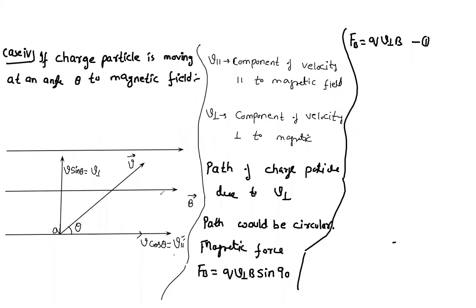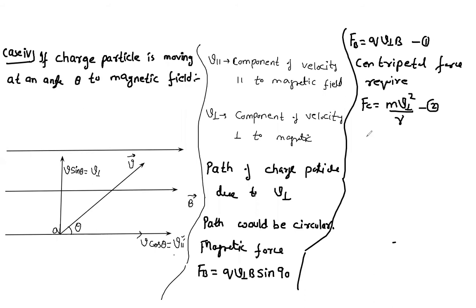Then to move in the circular path, this charged particle will need a centripetal force. I'm just repeating the derivation of case 3 here. The required centripetal force is m v square by r, but instead of v, we will use v perpendicular, so m v perpendicular square by r.